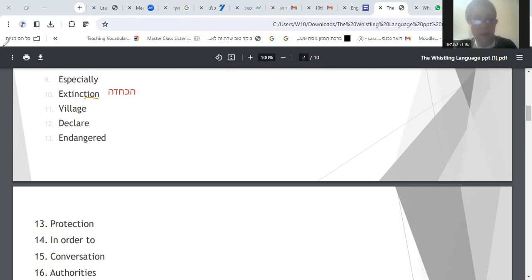Okay. The next word we have is village. I don't know if you know village, but village means kfar. And then we have to declare. Declare is a verb, and it means lehatir.